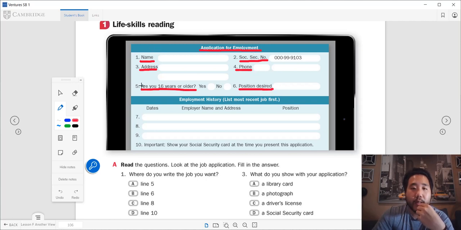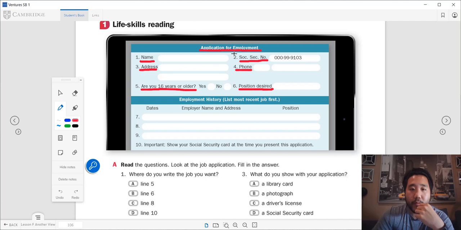So as I said, this is where you put your personal information. And here we have something called social security number. I'm pretty sure everyone knows what a social security number is. If you don't, it is a number issued by the government that you must have in order to get a job in the United States.